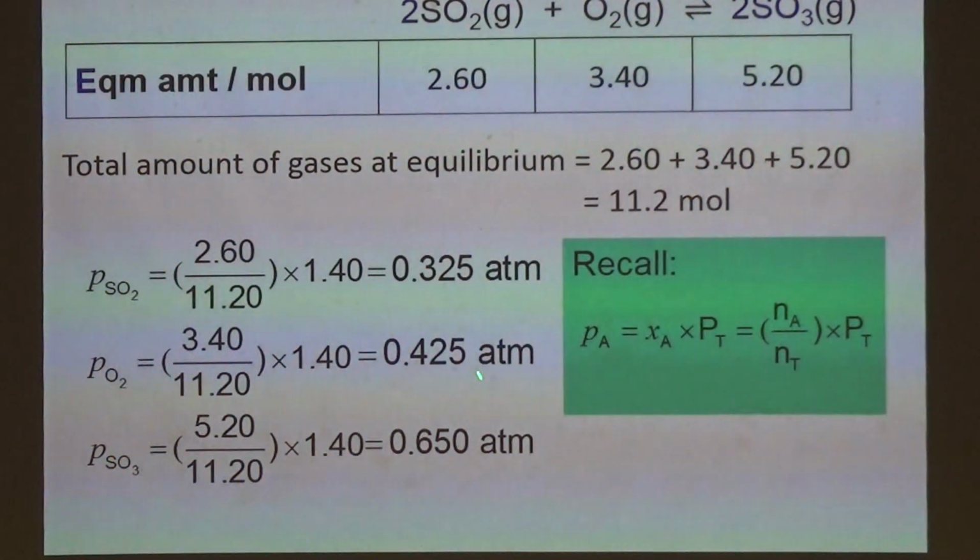You add all of them up, you will get 1.4. So this is for part A.